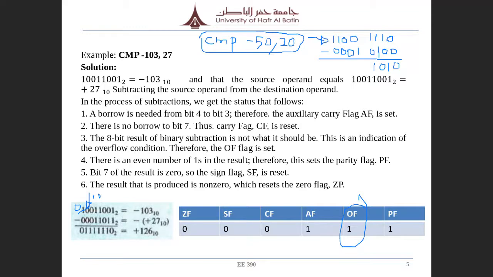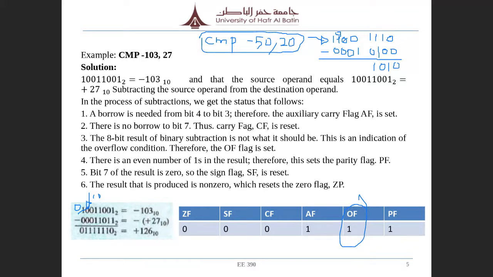Now look here. 0 minus 1, we cannot do that, so we need a borrow. Borrowing from here, but here it is 0, so we need to borrow from further along. If we take a borrow from here, it becomes 0 and this becomes 1 0, which means 2.